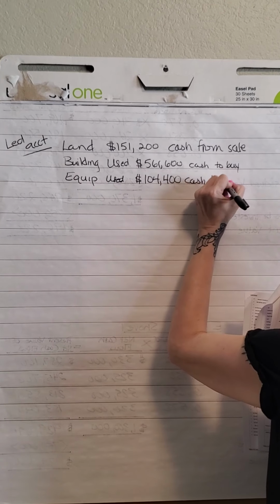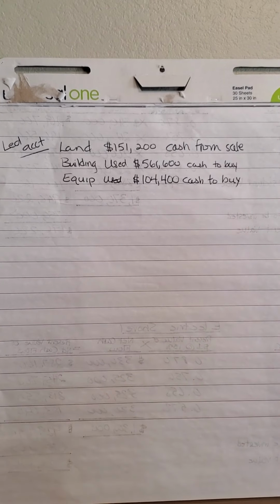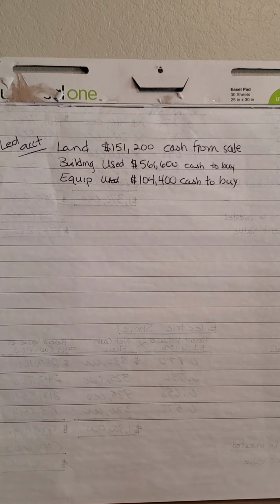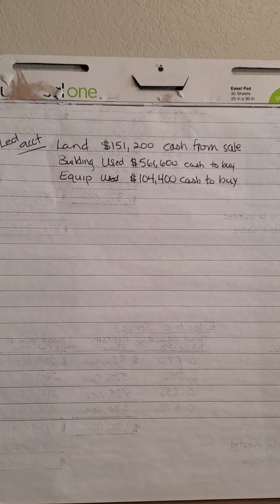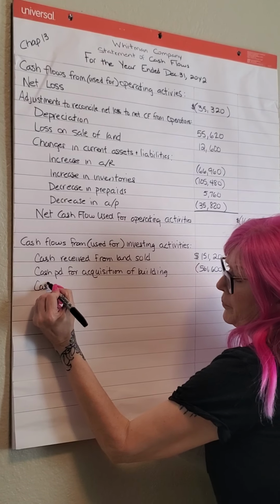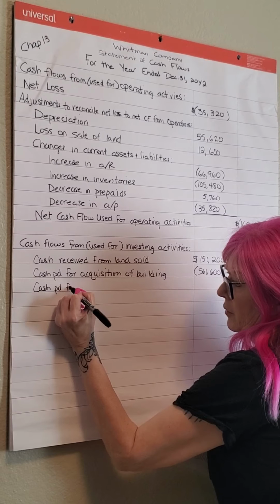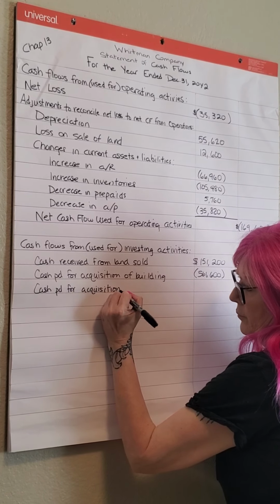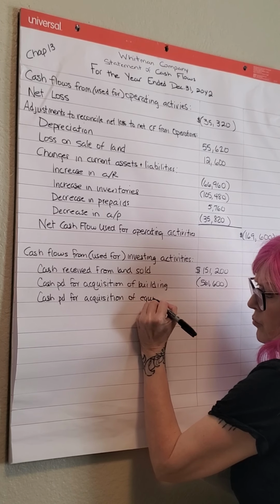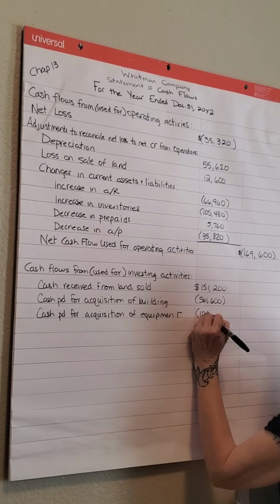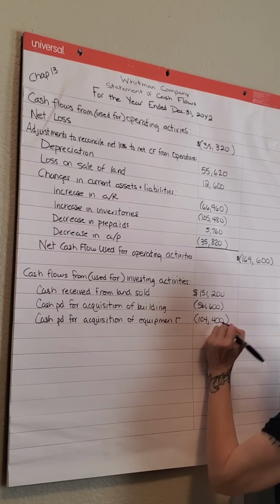cash to buy. So you'll see above that, don't get confused when you look at the equipment account, because on January 26th, they wrote off equipment that didn't have any value. That does not impact the statement of cash flows there. So now we've got cash paid for acquisition. So that amount, again, we use the cash, so that goes in parentheses because that's cash used.